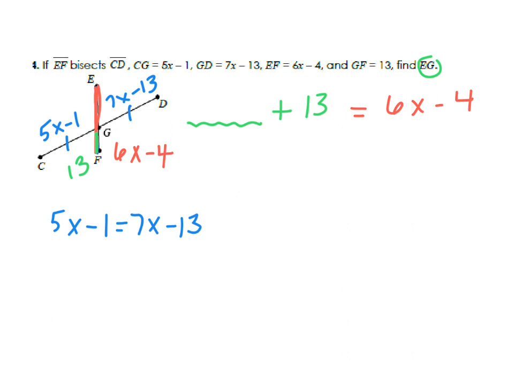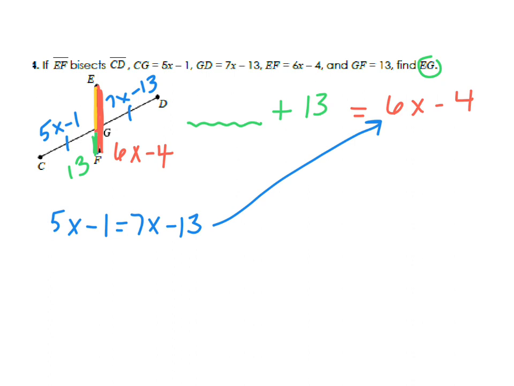If I solve for x here in the blue equation, I can plug that in over here in the red, and that would tell me what the entire red segment is. If I find that red segment, I can subtract the green 13, and that will give me what I'm actually looking for here in the yellow.